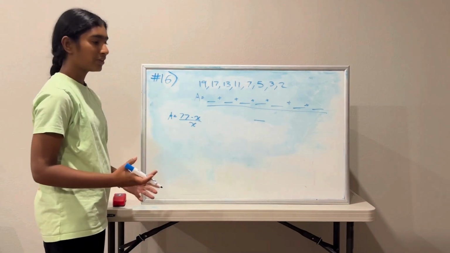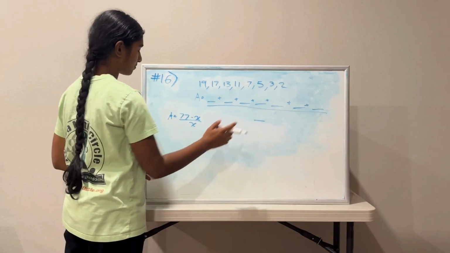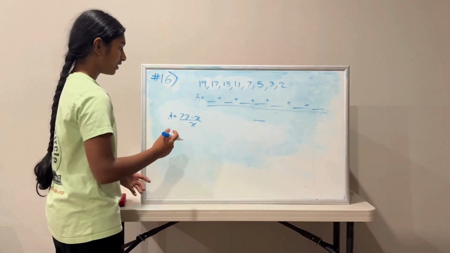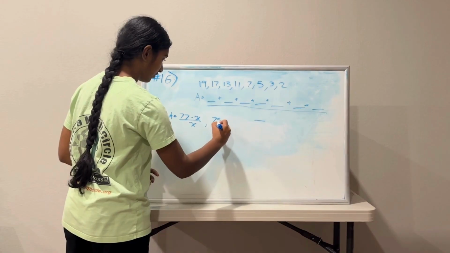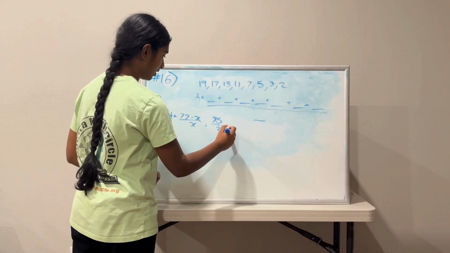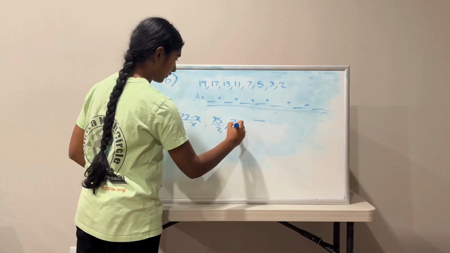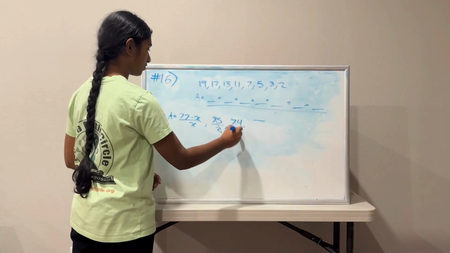So now we want A to be the greatest, and so we're going to start with the least possible denominator values. So let's try 2. That would be 75 over 2. But that's not an integer, so that doesn't work. Next, 3 would be 74 over 3. But that's also not an integer, so that doesn't work.